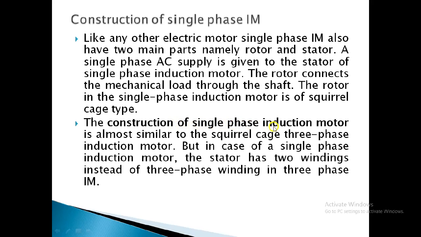And the construction of single phase induction motor is almost equal to the squirrel cage three phase induction motor, but in case of single phase induction motor, the stator has two windings, whereas in three phase induction motor, the stator has three phase winding.